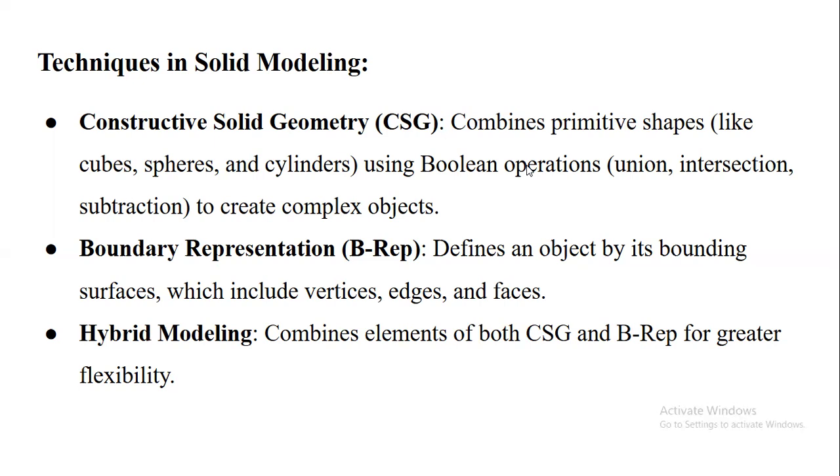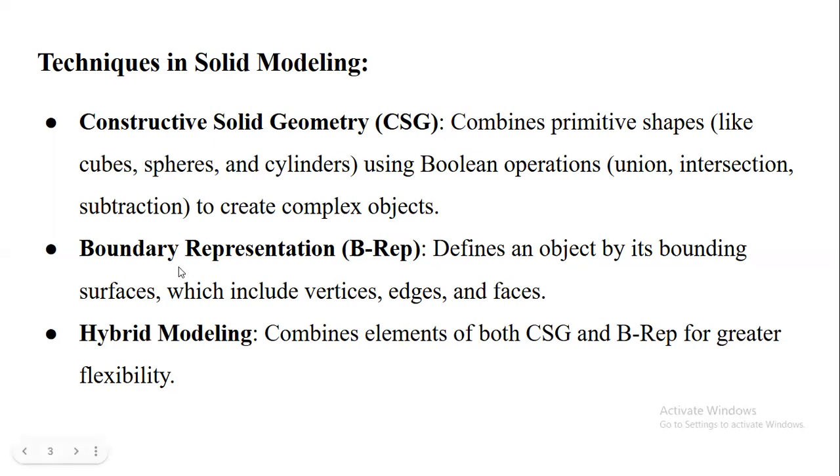Similarly, in 3D modeling, the primitive shapes include cubes, spheres, and cylinders, which are further used with Boolean operations in order to create complex objects, where Boolean operations are union, intersection, and subtraction.